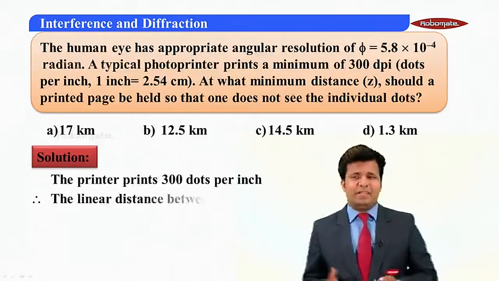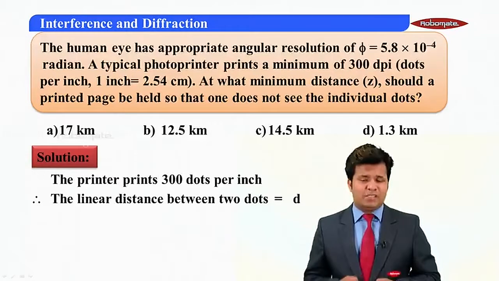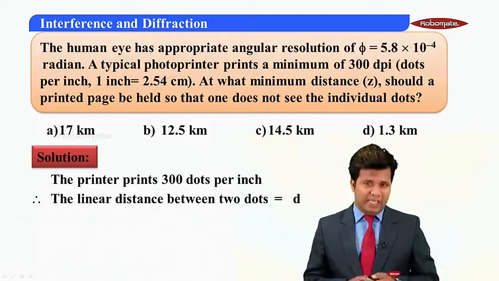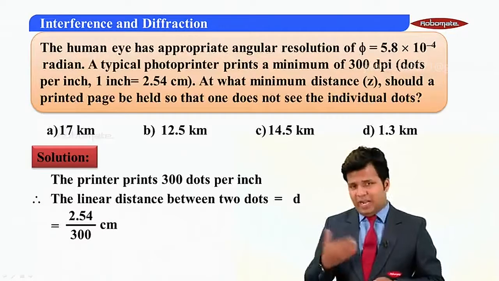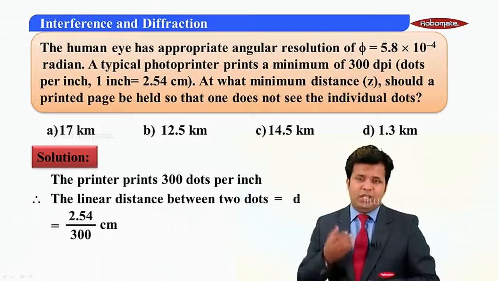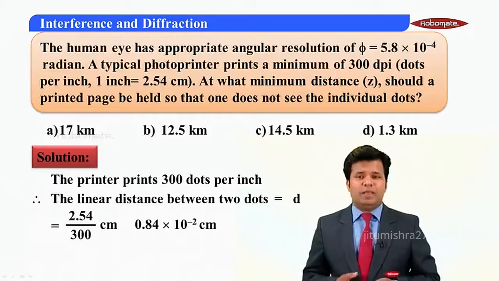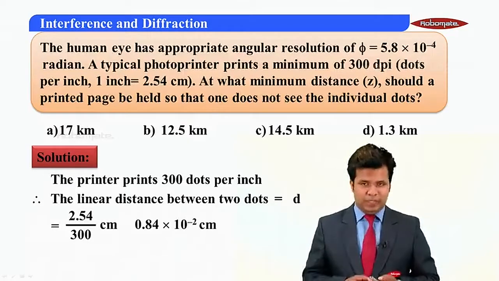The printer prints 300 dots per inch, and let us say the linear distance between two dots is small d. I can say that 2.54 upon 300, that is, 1 inch is 2.54 centimeter upon 300, gives me exactly 0.84 × 10^-2.